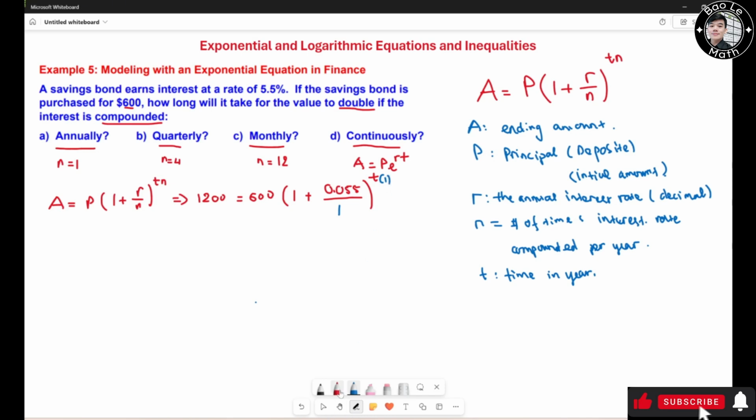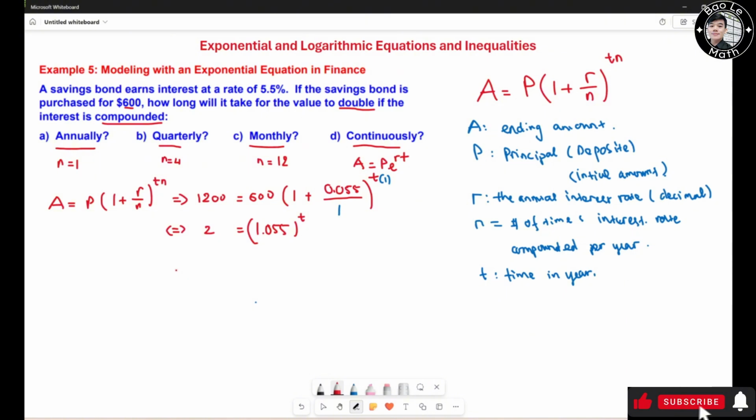Alright, so we just simplify this one. Divide both sides by 600, it's going to be 2 equals 1 plus 0.055, which is 1.055 raised to the t.